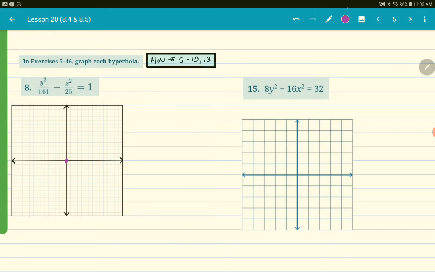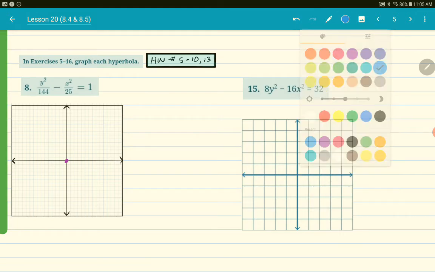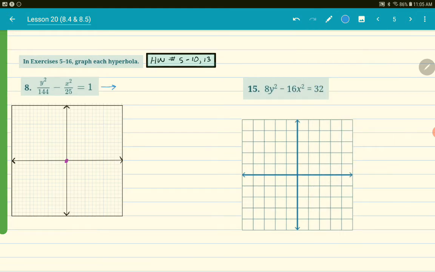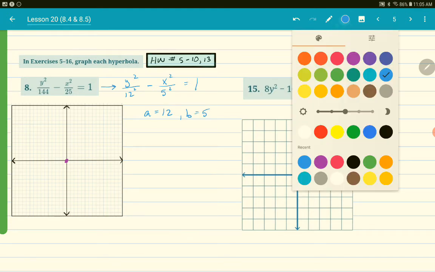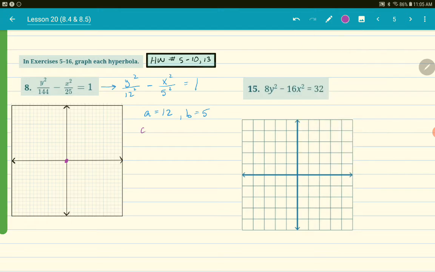Actually, I'm going to rewrite this equation a little bit so that my a and b are more obvious. So I'll write it as a squared, which is 12 squared, and b squared, and b is 5, the square root of 25, just so my a and b really pop out. So my a is 12 and my b is 5. Okay, so then I can see that my center is the origin.